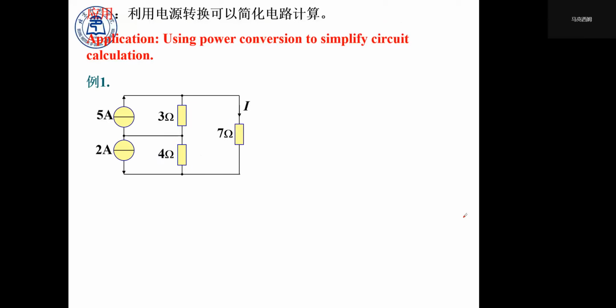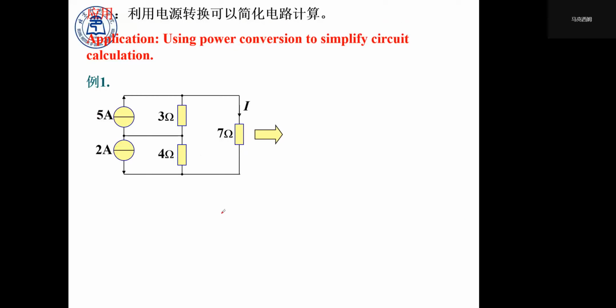So now we could talk about the applications of the transformation of sources. So we can use power supply conversion in the circuit. So look, if we have this kind of circuit first, example one, we can replace it with what kind of circuit?